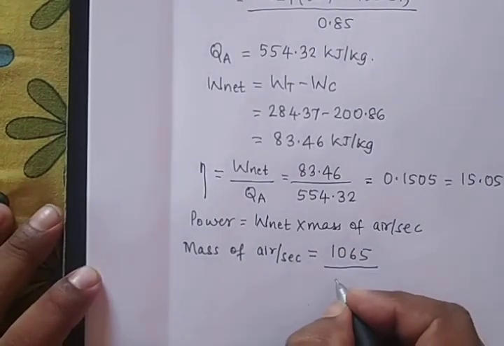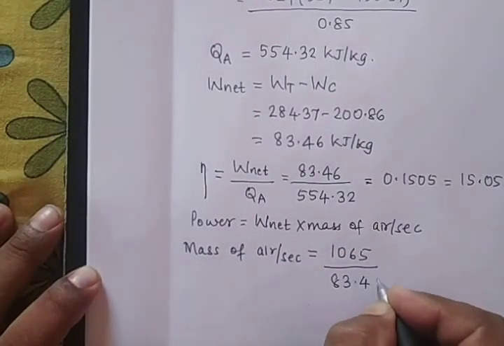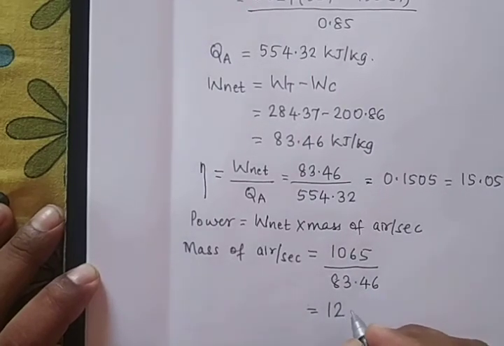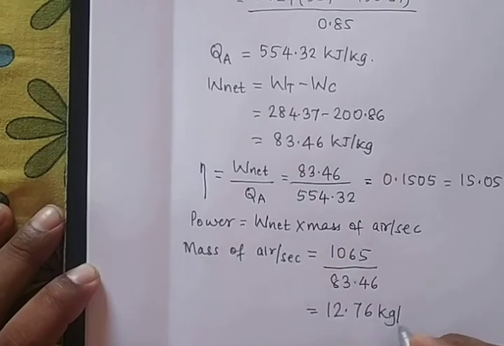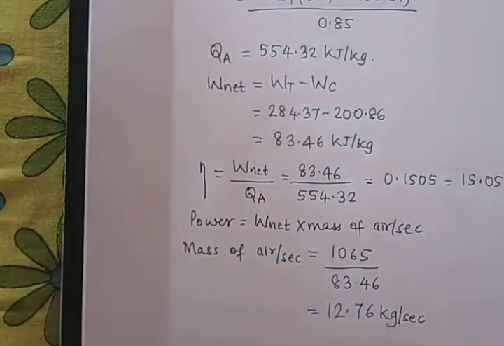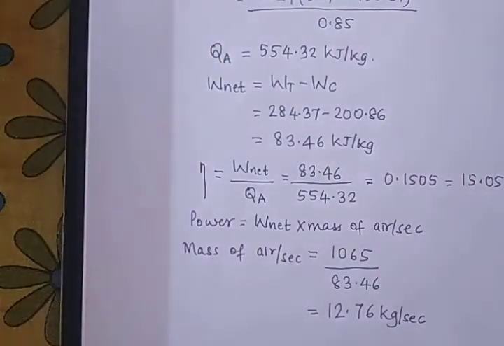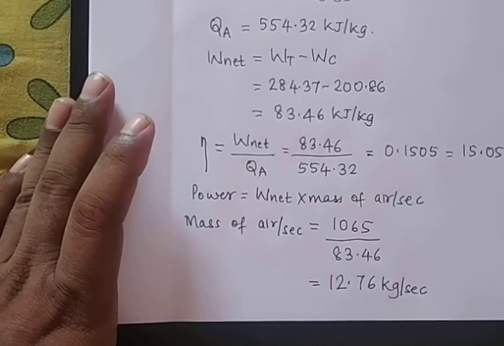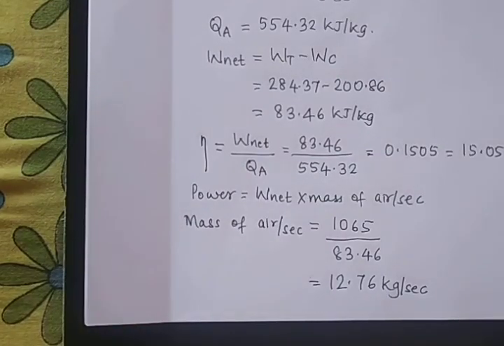So work done is 83.46. So you'll get mass, that is 12.76 kg per second. So once I get mass of air, which is asked in the problem, that is quantity of air, then heat supplied, and then thermal efficiency.